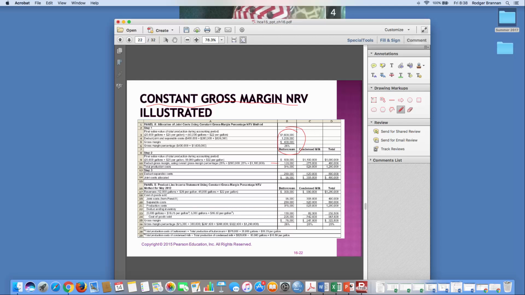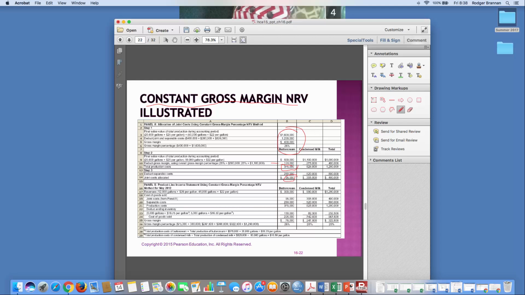So we have the 125, the gross margin, kind of working our way upwards from the income statement. So the 375 represents my total cost. So if I say here's 375, my total cost, subtract out the separable cost of 280, what I'm left with is the 95,000. Okay, that's going to be the joint cost allocation.